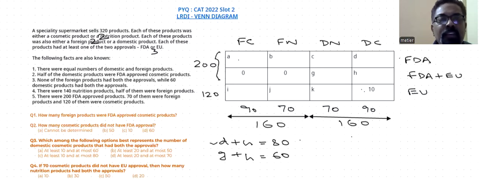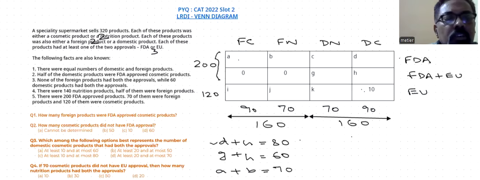Now, 70 of them were foreign products, meaning out of these 200, 70 will be foreign products. So we can say A plus B will be 70. Foreign products under FDA and EU both approval will be 0, so we can easily say A plus B will be 70. That we can write down here.